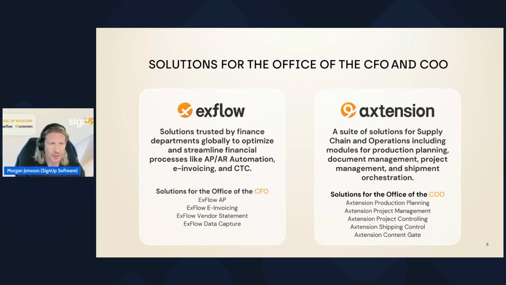We'll also touch on our ExFlow data capture solution, which is a white-labeled OCR solution powered by Tungsten Automation, that we've worked with for over 20 years. We also have our Extension portfolio, pertaining more to the supply chain area of finance and operations, with solutions such as production planning, project management, and project controlling, as well as shipping control and content gate.